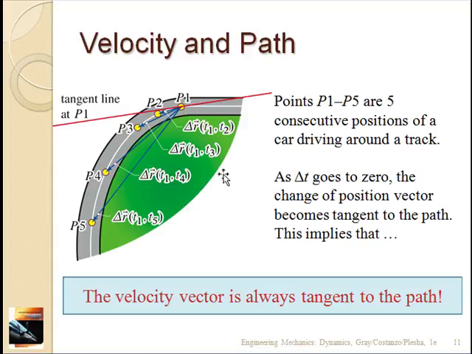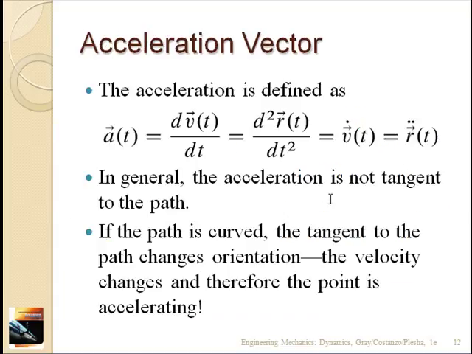So the moral of this story is that the velocity vector, which is proportional to that change in position, is always tangent to the path. So if you're going around a curve, at any point the velocity vector is tangent to that trajectory. And that's an important thing to remember as we go through all this.